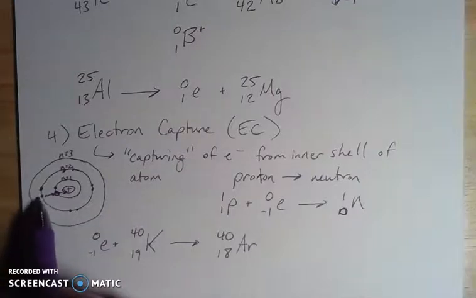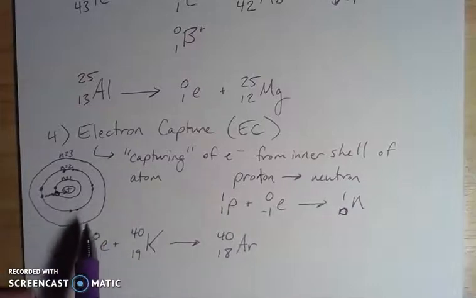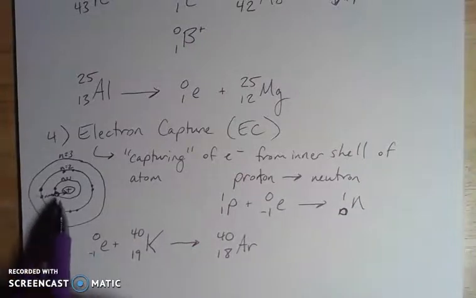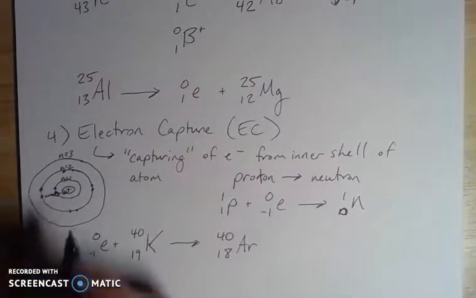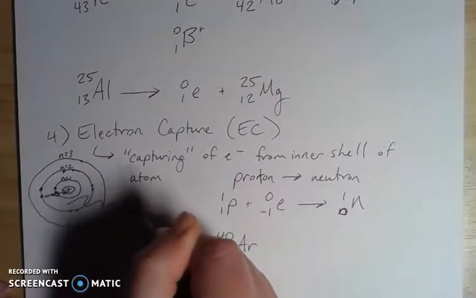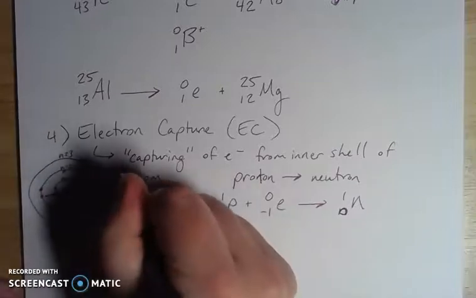When electrons relax down, as we've learned in past videos, that energy has to go somewhere, right? It's a higher energy value going to a lower energy value. That energy has to get released somehow. So there's my energy leaving, and usually it's in the form of an X-ray.